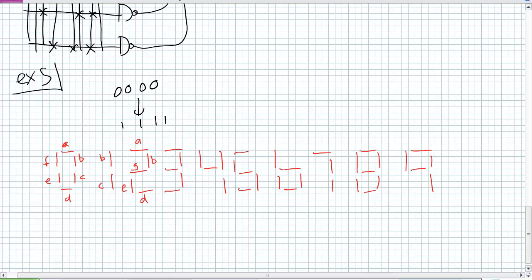BCD goes from 0 to 9, i.e., quadruple 0 to 1001. What happens at 10? What happens from 10 to 15? It's invalid data. So what we are going to assume, for the purposes of this exercise, is that decimal 10 through 15 have been excluded, and we will never see those inputs.